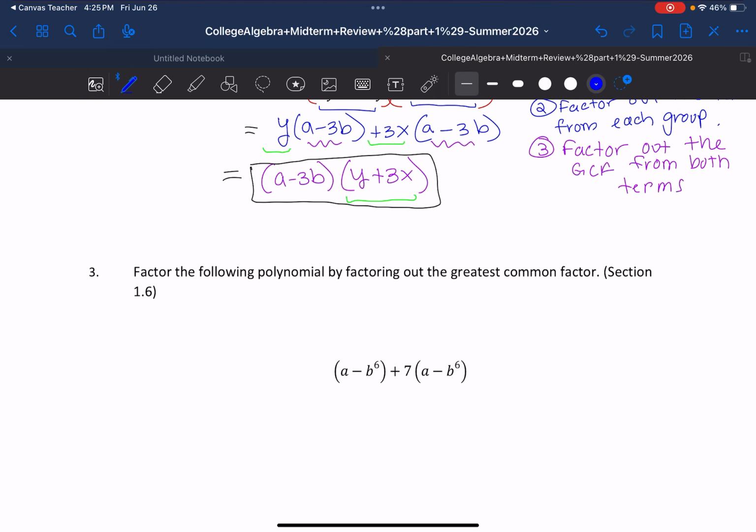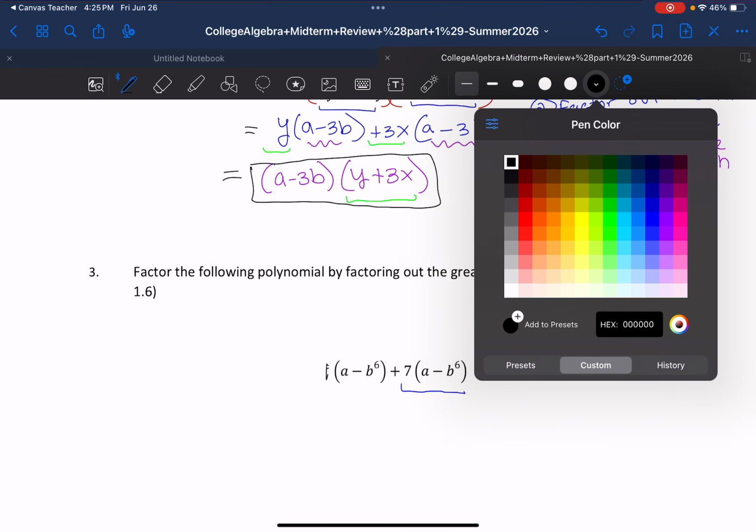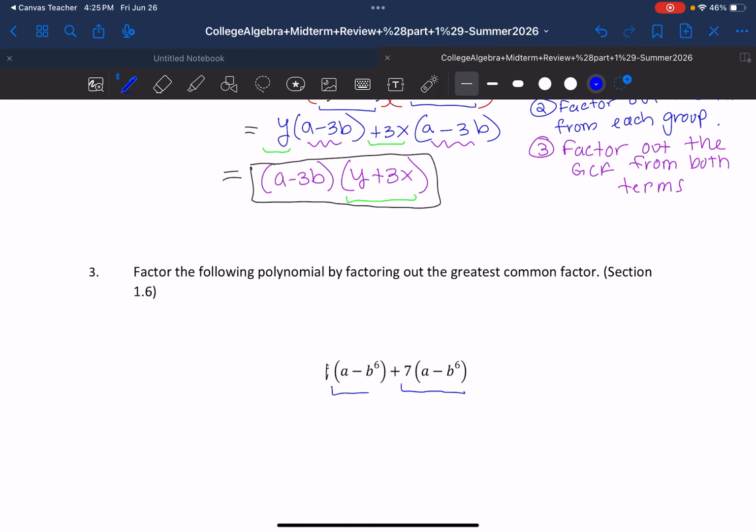So over here, since this is 7 times all of that, this is actually one term. And you can think of this first one as 1 times all of that. So that could also be considered one term. Anytime there's not a number in front of it, you can consider it to be a 1 being multiplied by it, because anything times 1 is itself.